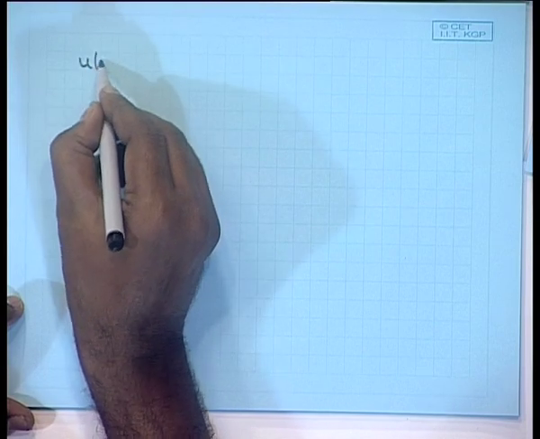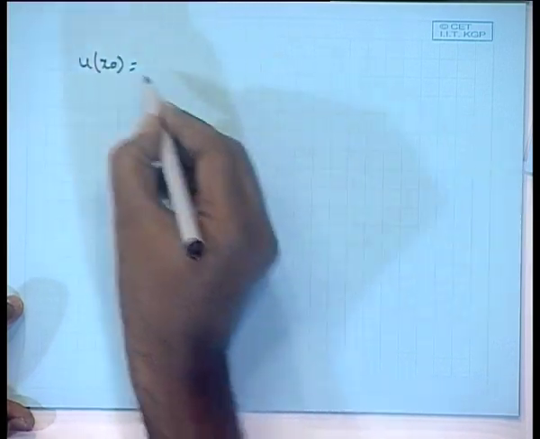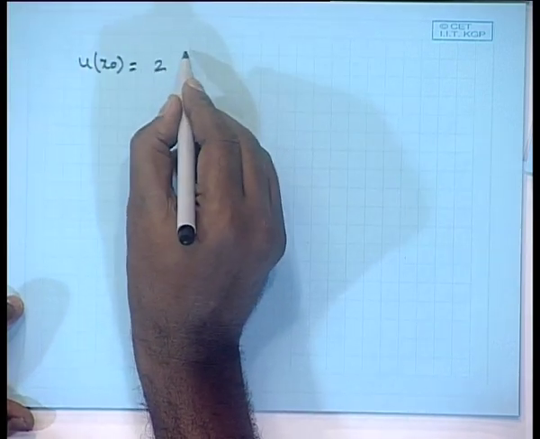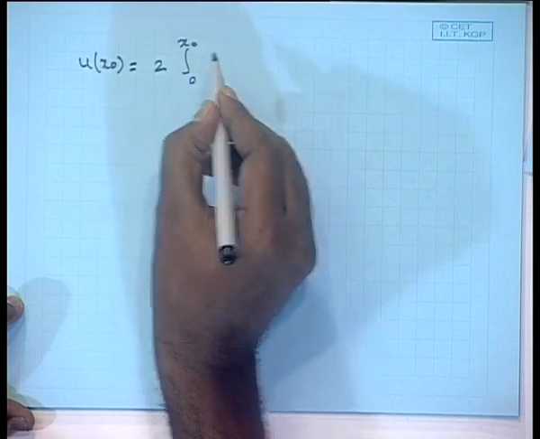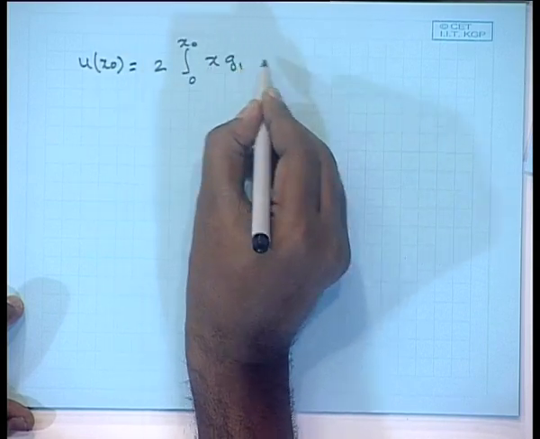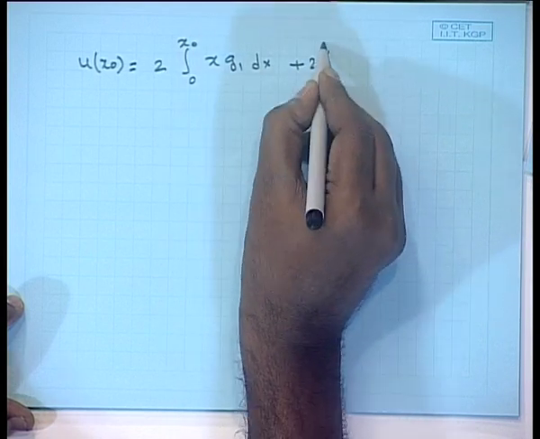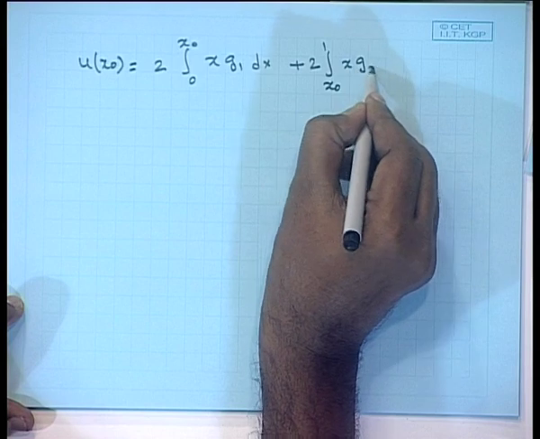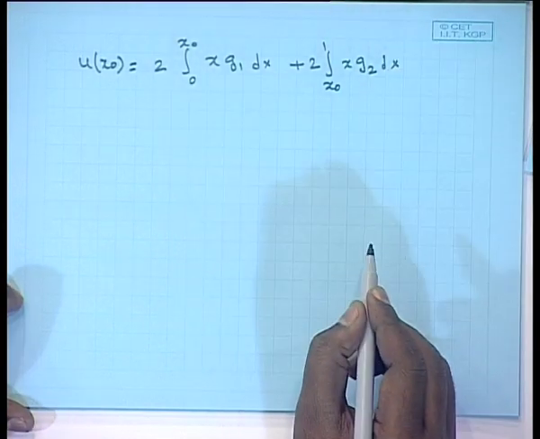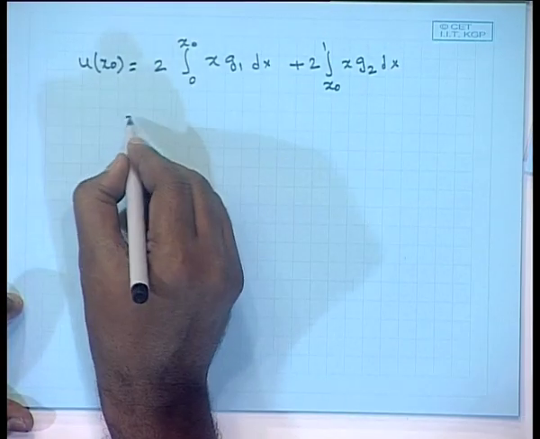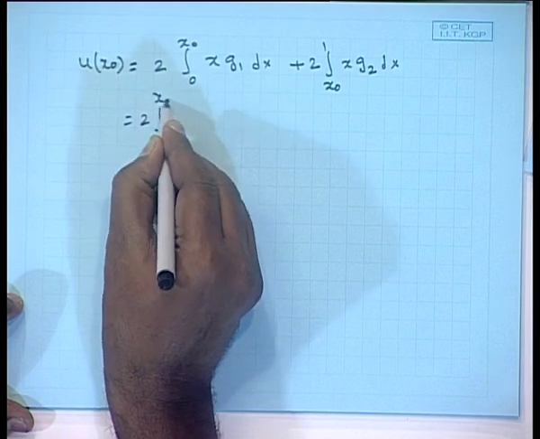So u as a function of x naught is nothing but twice integration 0 to x naught x g1 dx plus twice integration x naught to 1 x g2 dx, right.